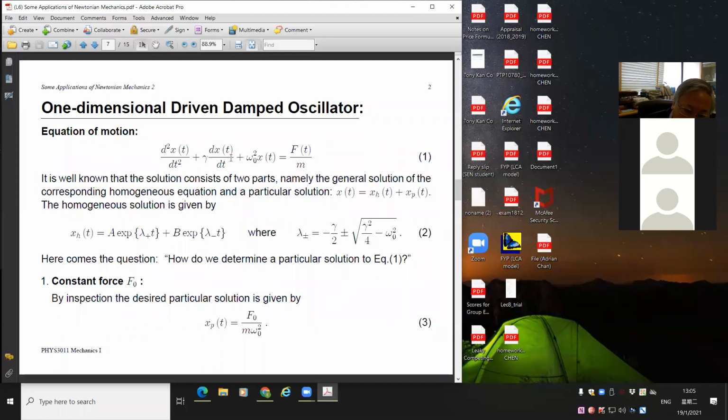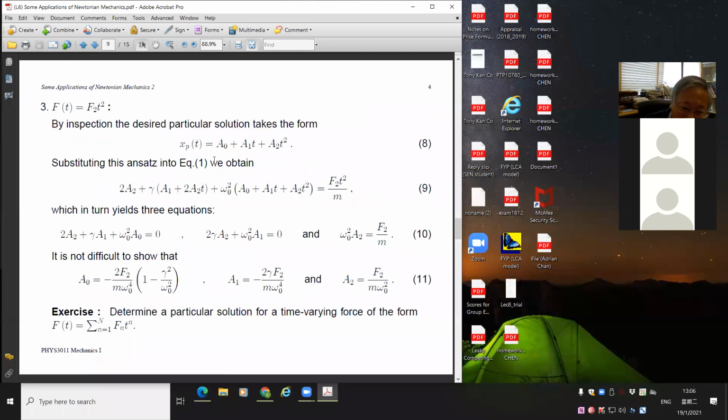However, differentiating this cosine omega t will give you sine omega t. And differentiate once again, you get cosine omega t, right? So on the left-hand side, you have linear combinations of cosine omega t and sine omega t. So your solution must involve both of them, okay? Even though f(t) contains cosine omega t only, or f(t) contains sine omega t only, we still have to try a linear combination of cosine and sine omega t as the trial solution, okay?